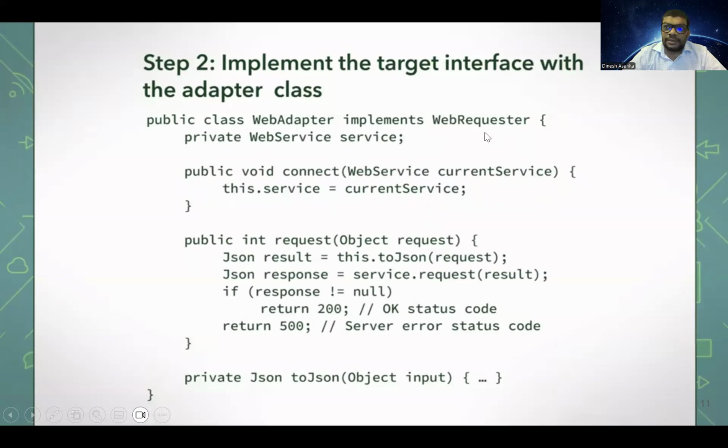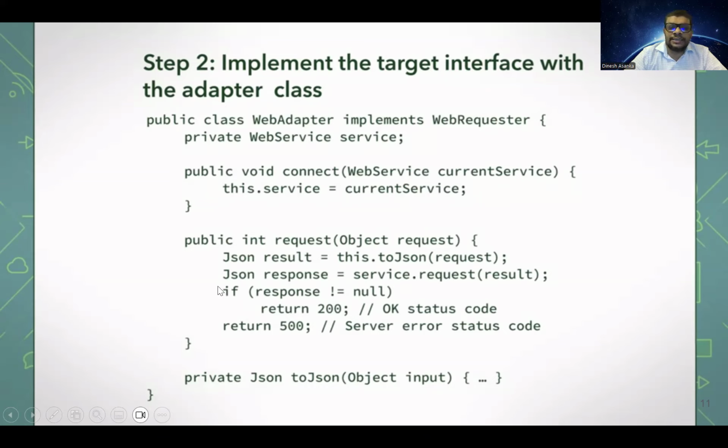Again, if you remember our OOP knowledge, when you are implementing from an interface, we use the keyword implements, not extend. Extend is used for inheritance, but here we want to implement a class from an interface.